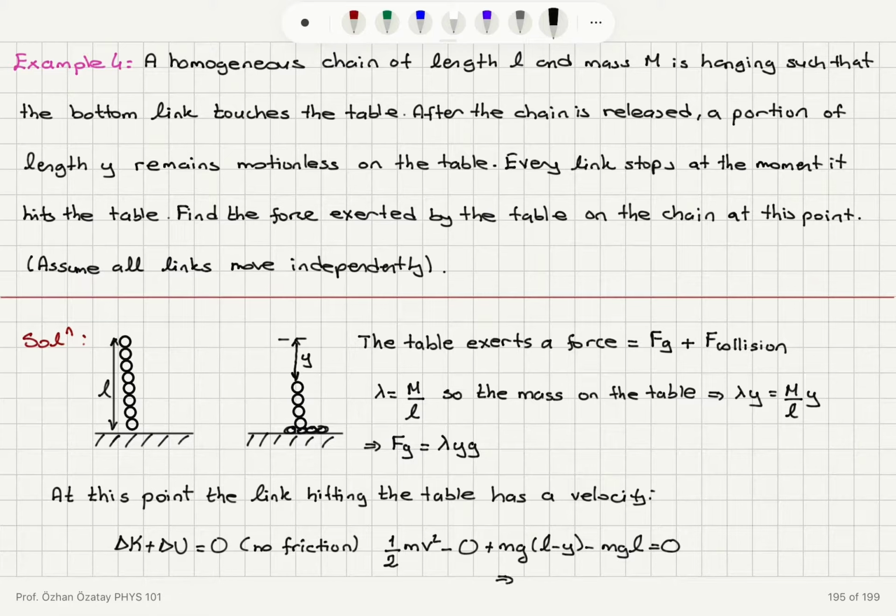Therefore, we see that this link will hit the table with velocity square root 2gy, when it has fallen down a distance y to reach the table.